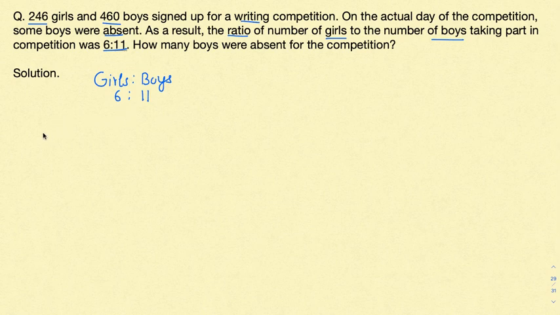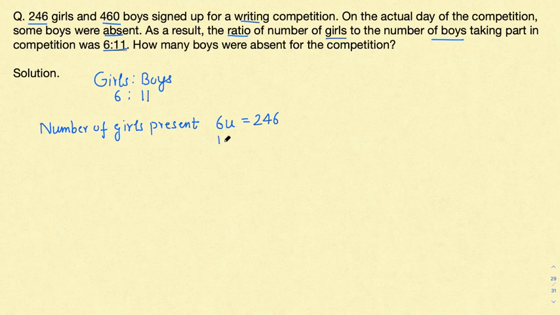The number of girls present at the competition is 6 units, and that is equal to 246, because none of the girls were absent. All of them were present.